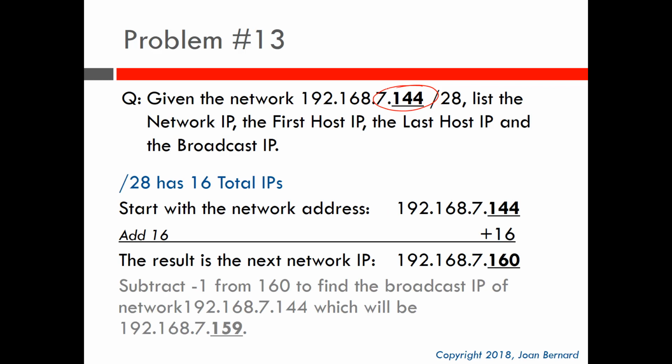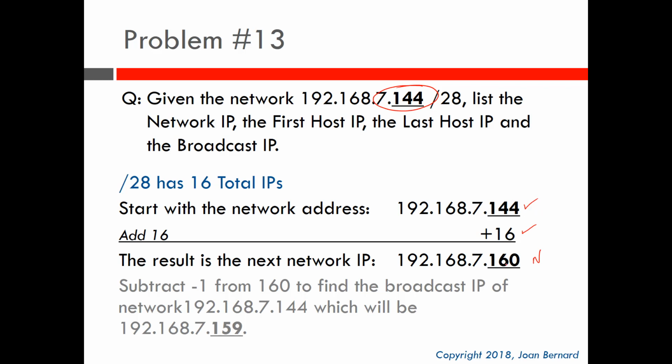So I take a look at my problem here. I see that I'm going to start with the network address 144. I'm going to add those 16 total IP addresses that I need. That's going to get me .160, which is the network number of the next subnet.